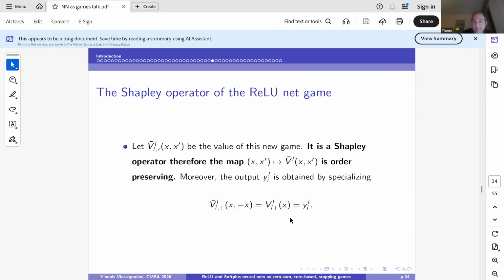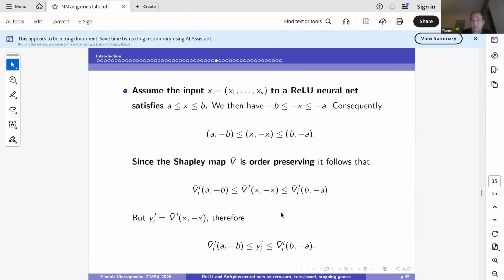This is just the observation that let's call the value of the big game v bar, and the value of the game when we have just the input x or x and minus x, let's call it just v as we have been calling it already. So this is telling you that v bar of x, minus x is just v of x, which is the output of the neuron.